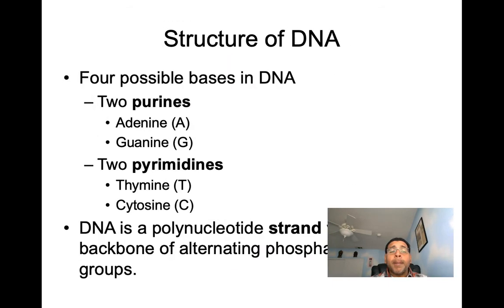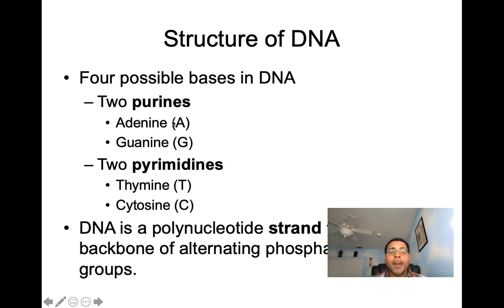There are 4 possible bases that we're going to find in relation to DNA, and they will include our 2 purines, which are double ring structures, and they include adenine and guanine.